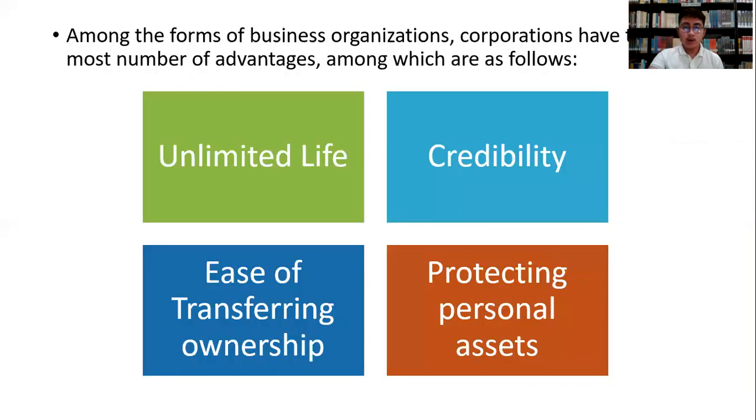Okay, that is corporation. So among forms of business organization, corporation has the most advantages, among which are the following. So class, ang corporation daw po, isa sa pinaka magandang business organization kesa sa sole proprietorship and partnership, because the corporation has unlimited life, has good credibility, ease of transferring ownership, and also protects personal assets.